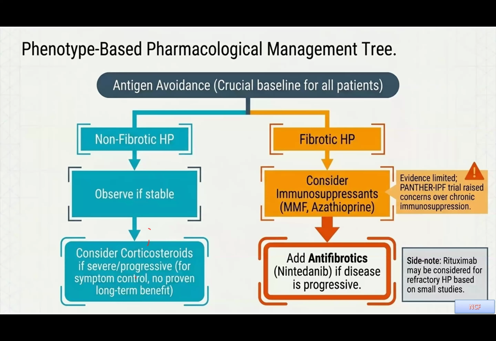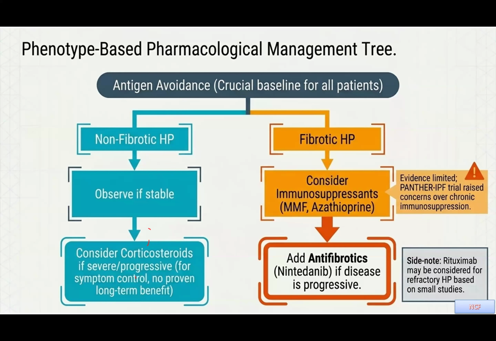So how do you manage HP? Phenotype-based pharmacological management is now the gold standard. First and foremost, the crucial step is antigen avoidance. If you have been able to identify the inciting antigen, you have to avoid it at all costs. This is crucial for both fibrotic and non-fibrotic HP.